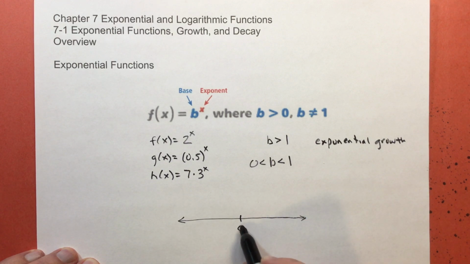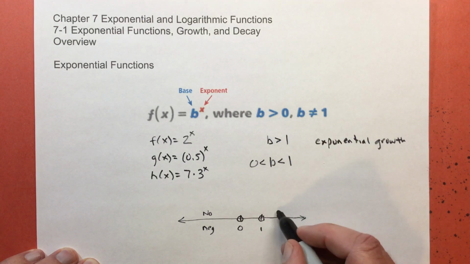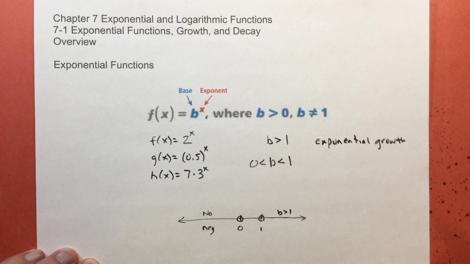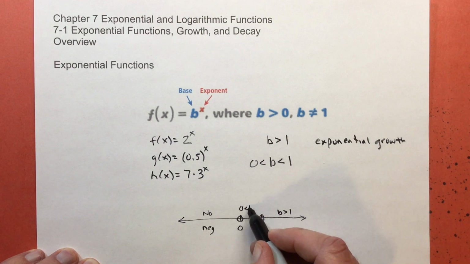Here's 0, here's 1, and these are negatives over on this side. So we don't use these. We also don't use 0, so I'm going to put an open circle there, and we don't use 1. We can, but it's trivial. So when I said b is greater than 1, this is right here. And when I say 0 is less than b is less than 1, that's right here.